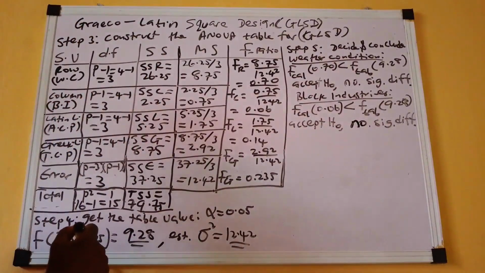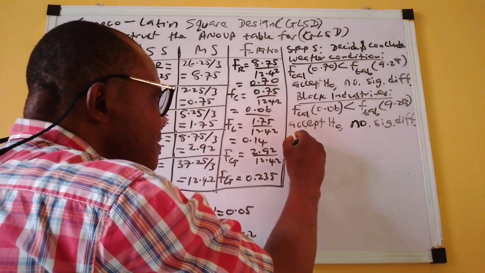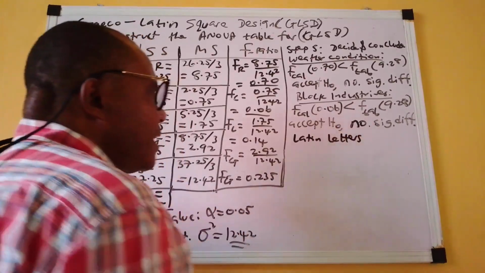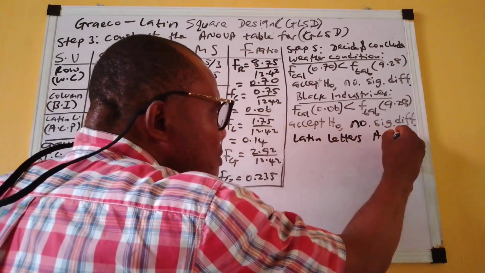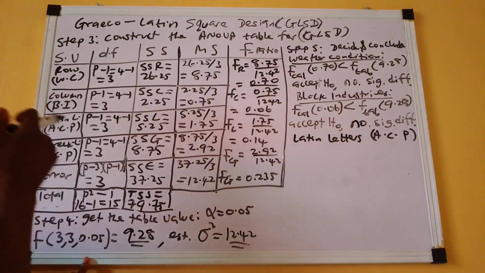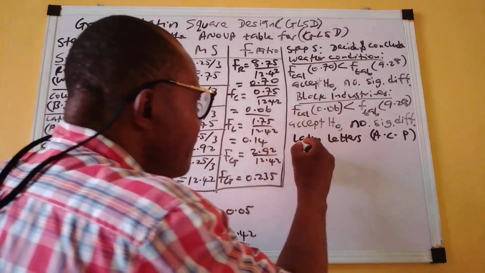Now for the Latin letters, the Latin letters are the IOP cement products. So what is our calculated?